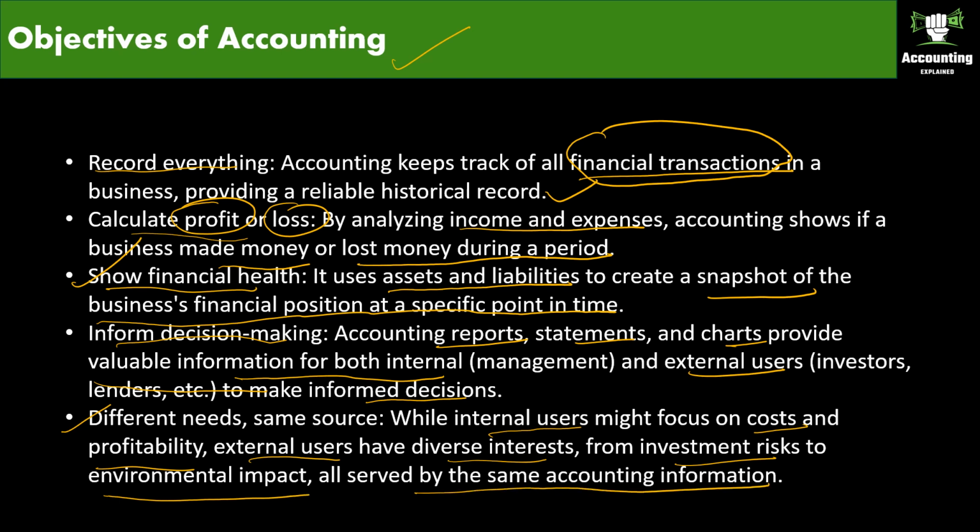The same accounting information can be used by internal users for maximizing profit and reducing cost, whereas external users can see whether their investment is risk free and whether it has a good environmental impact for society. Okay.